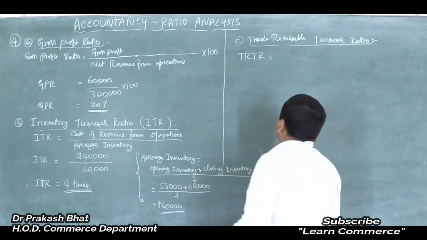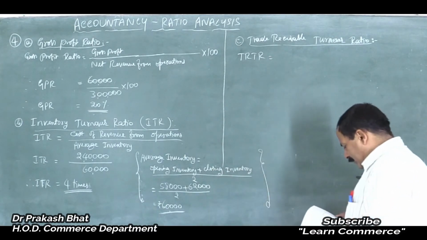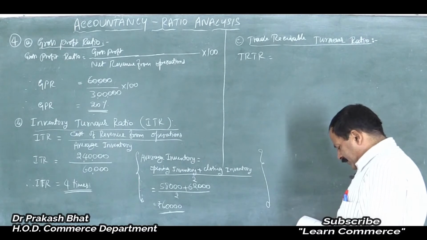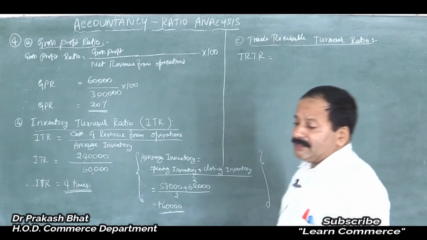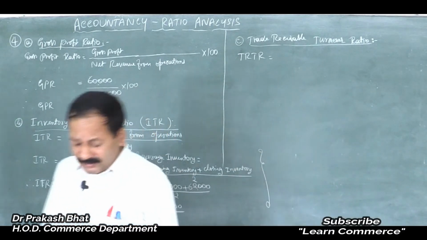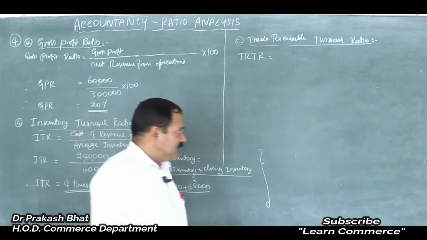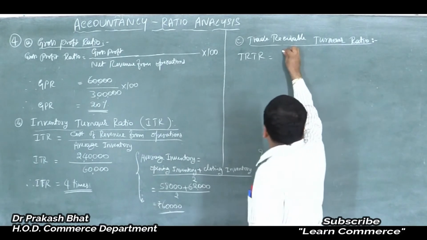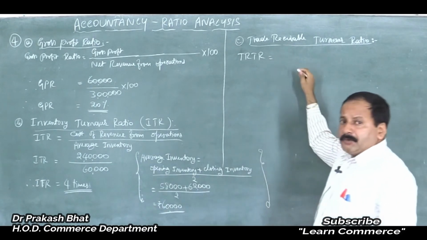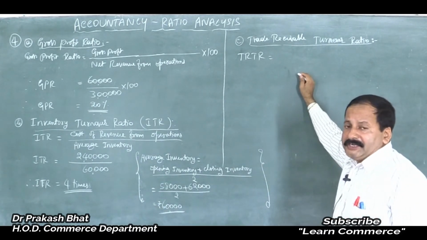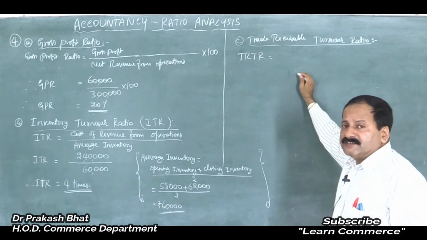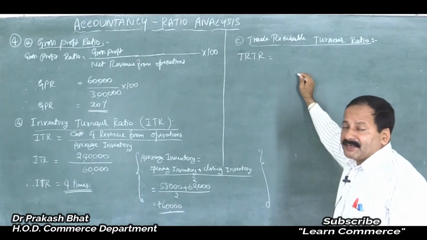Receivable turnover ratio is net credit revenue from operations, that is credit sales, isn't it? Net credit sales means total credit sales minus sales returns. Total credit sales minus sales returns is called net credit revenue from operations or net credit sales.